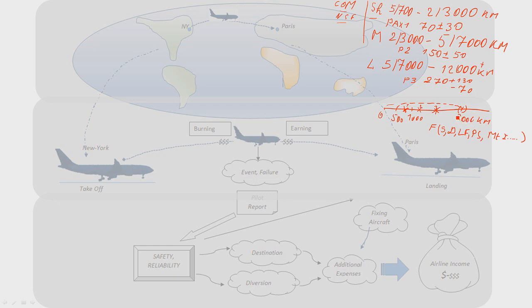Now, this is just what we discussed from a theoretical perspective. From a practical perspective, we will see when we go to the operation, and our business model tells us whether we are effective at this point, flying 1500 kilometers.